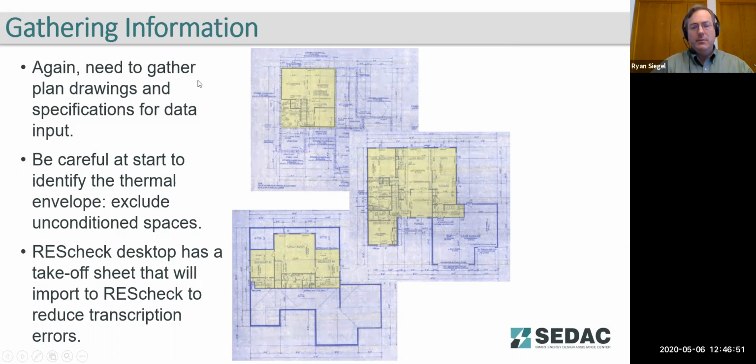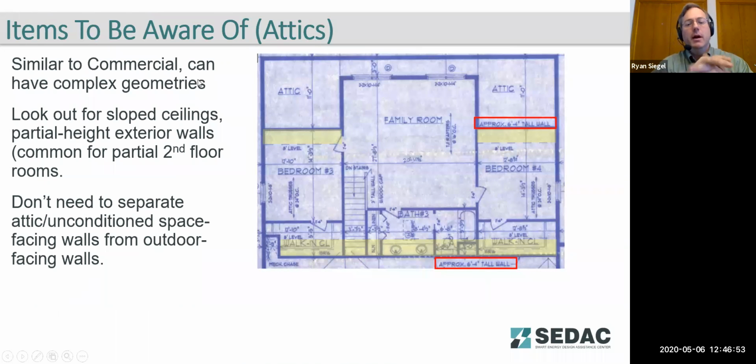So with this, again, we're looking at watching out for spaces that are not conditioned, such as attics. If you do have a second floor with attic spaces, you might end up with a little bit more complex methodology as far as entering, because you're going to have walls, sloped cathedral ceilings, as well as potentially flat ceilings.